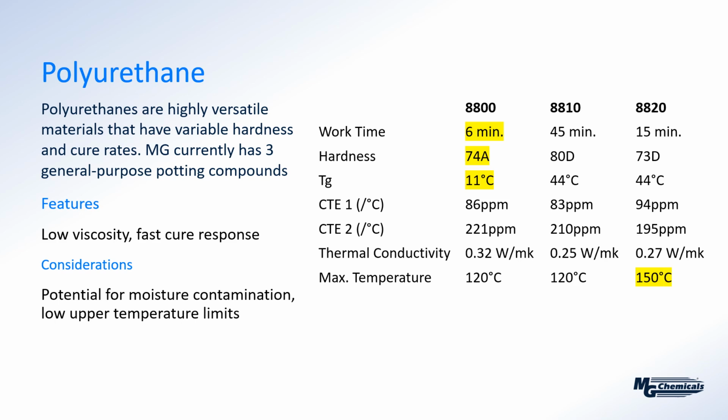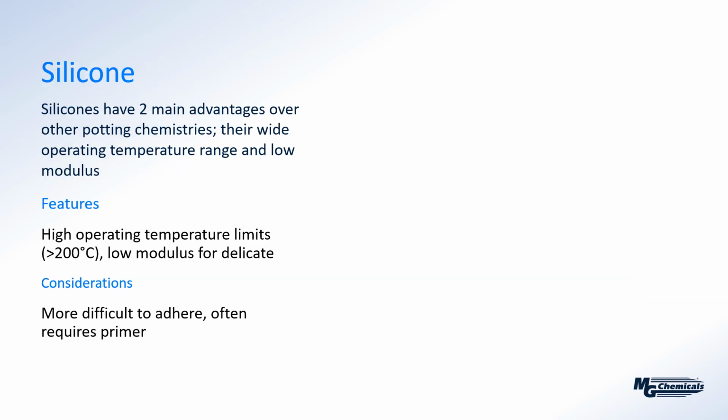It may not be providing the protection that's required. So these are formulated to account for that, but it's just that the user has to know how to properly use polyurethanes, how to properly store these materials, whereas the other ones, it's not so much of a consideration.